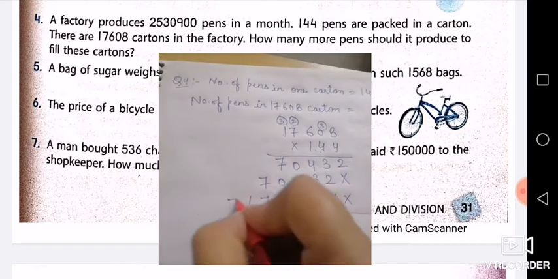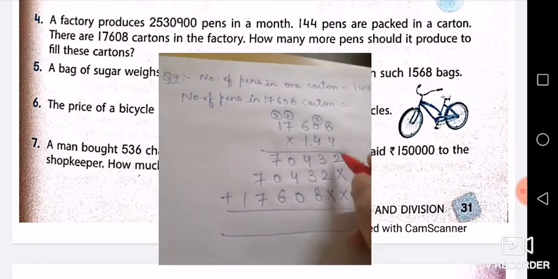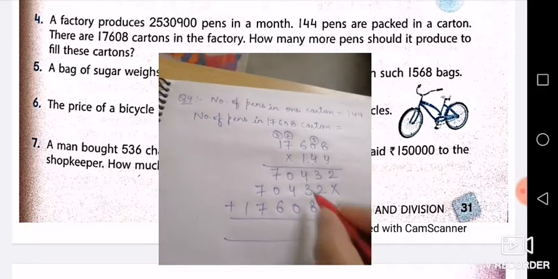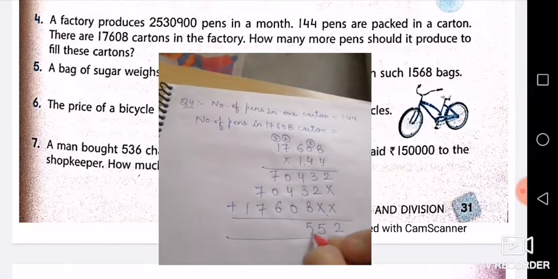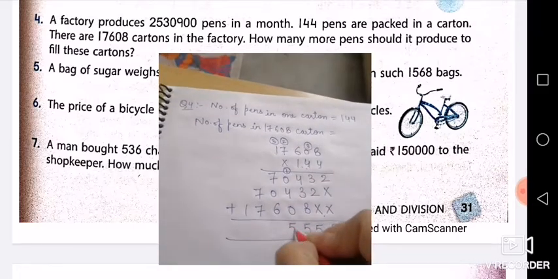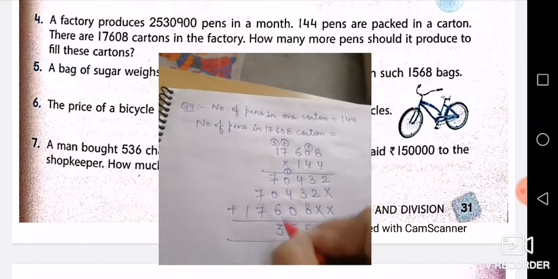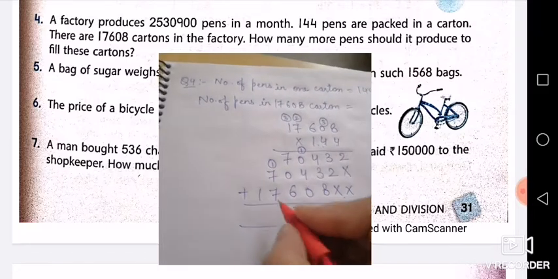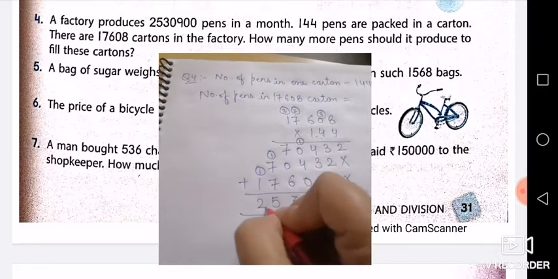Now what will we do now? We'll do addition. Now 2, 5, 4 plus 3 is 7, plus 8 is 15, 1 will be carry. 4 plus 1 is 5, 7 plus 6 is 13, 1 will be carry. 7 7s are 14 plus 1 is 15, 1 will be carry, then this 2.